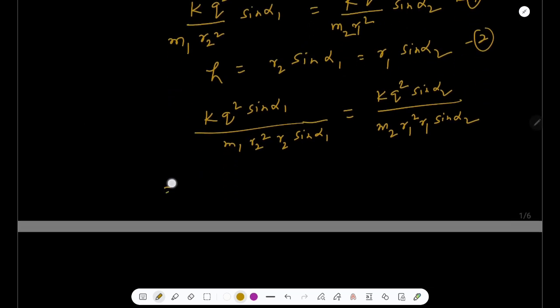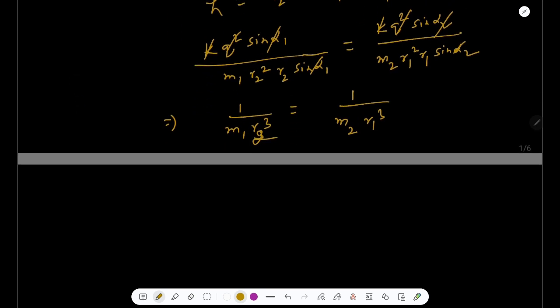Then after calculation what I am going to get is 1 upon m1 r2 cube equal to 1 upon m2 r1 cube, and that means m1 is to m2 equals r1 cube is to r2 cube.